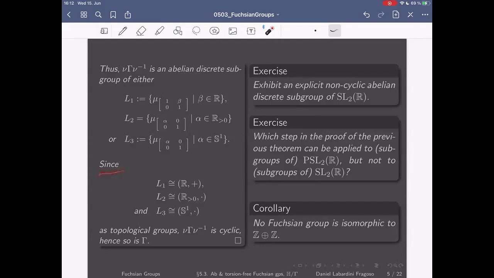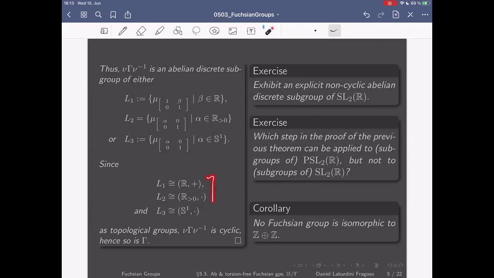Okay, and then these three subgroups are just isomorphic to these three abelian groups from the previous exercise, and so nu gamma nu inverse is cyclic, and therefore gamma is also cyclic because every discrete subgroup of those three groups is cyclic, either infinite cyclic or finite cyclic.